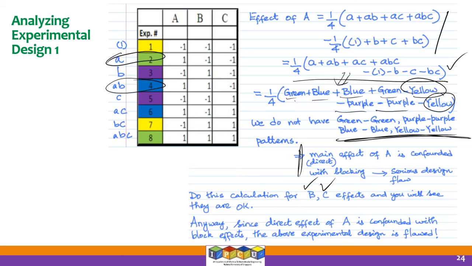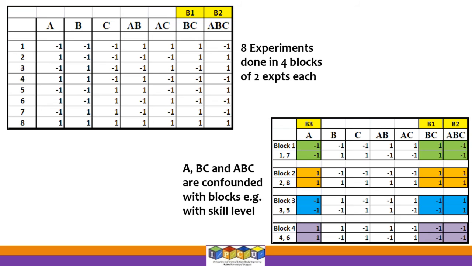It will not cancel out. So this experimental design 1 is flawed. We would not take up this assignment, because it is going to result in a lot of ambiguity in interpreting the results.